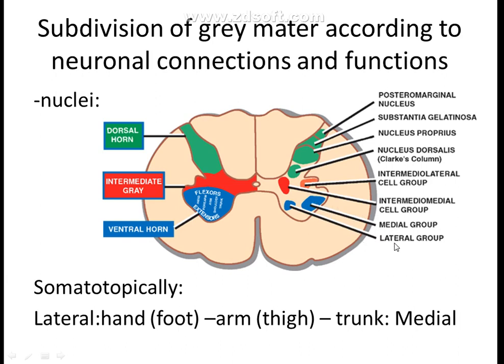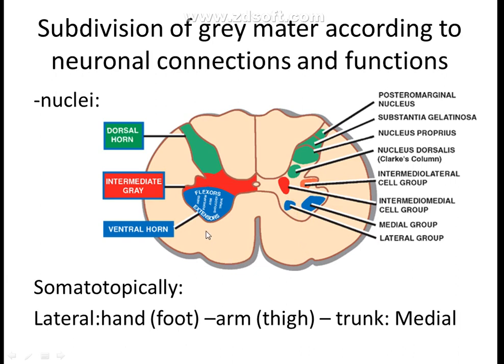So they are grouping the ventral horn into a lateral group and a medial group, and they are dividing the dorsal horn into the post-marginal nucleus, substantia gelatinosa, and the dorsal nucleus of Clark, and the intermediate region is divided into intermediomedial and intermediolateral nuclei.